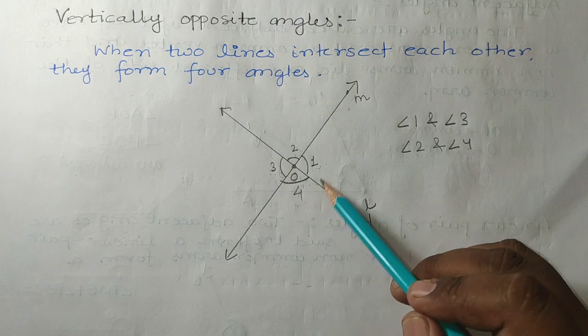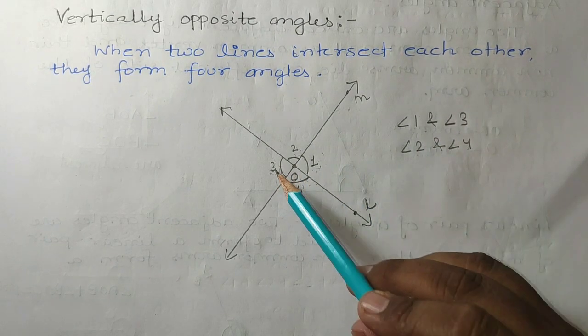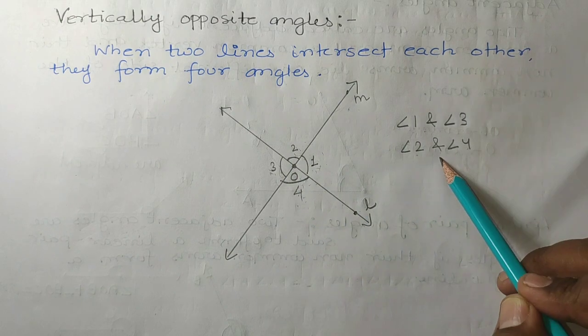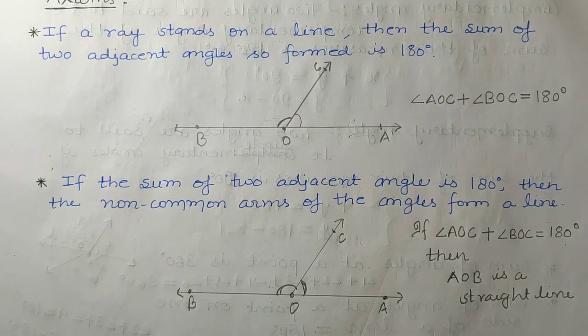In these four angles, angles 1 and 3 are a vertically opposite pair, and angles 2 and 4 are a vertically opposite pair.